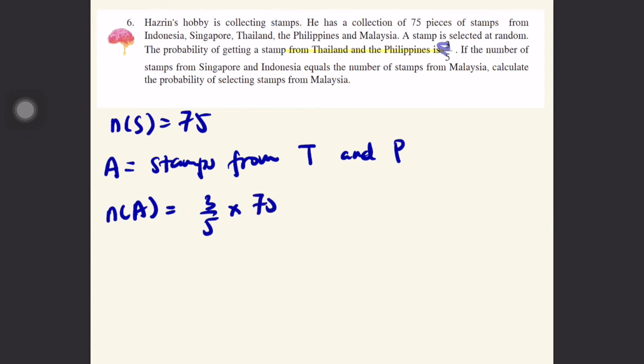So times 75, we will get 45 stamps. Okay, next, what else does it say? If the number of stamps from Singapore and Indonesia equals the number of stamps from Malaysia, calculate the probability of selecting stamps from Malaysia.